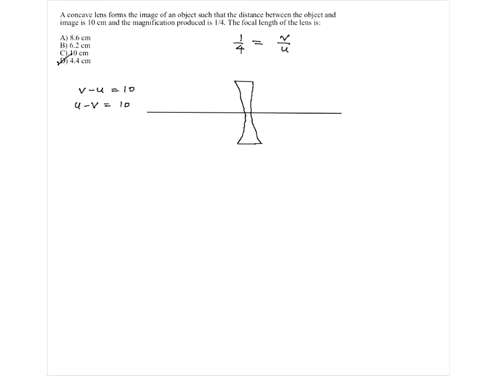When the object is here, the image is here. So U is more negative. This is correct.